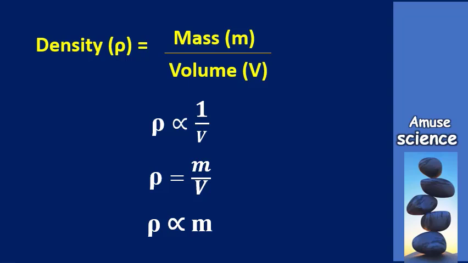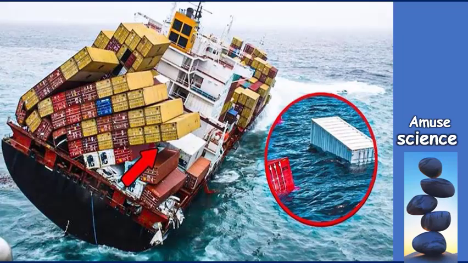That is why sometimes when a ship with cargo or a boat with goods is sinking, we decide to offload some of the goods, because by offloading some of the goods, you reduce the mass, and by reducing the mass, you automatically reduce the density of the system.